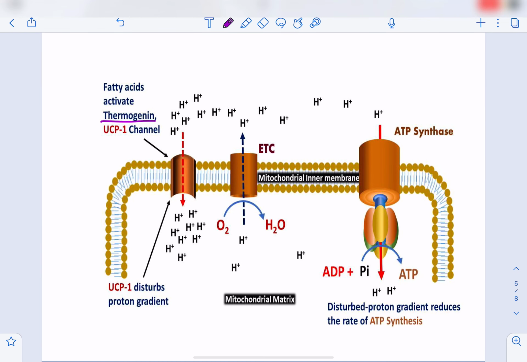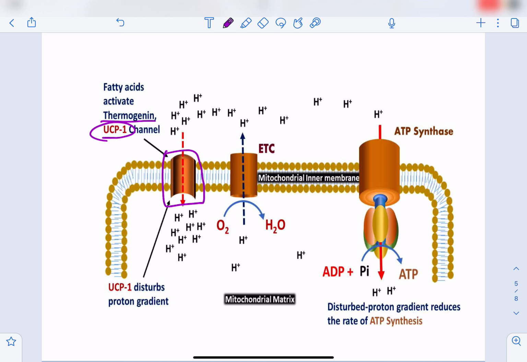Alright, let's see about these uncouplers now. Thermogenin is uncoupler protein 1. Thermogenin is activated in response to cold or after eating. This uncoupler protein forms a channel on the inner mitochondrial membrane.